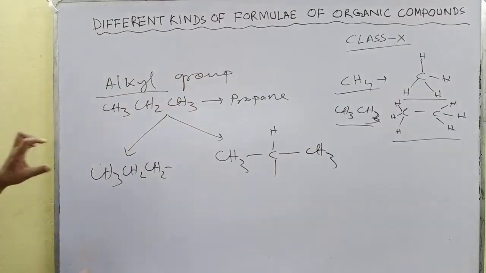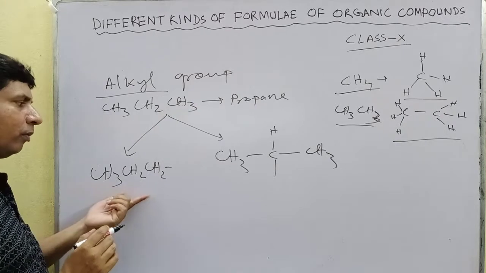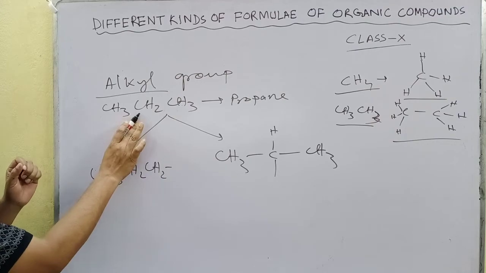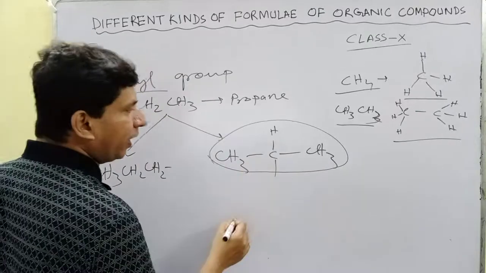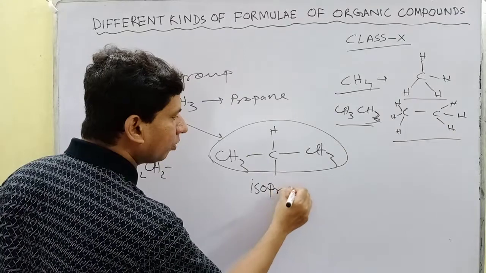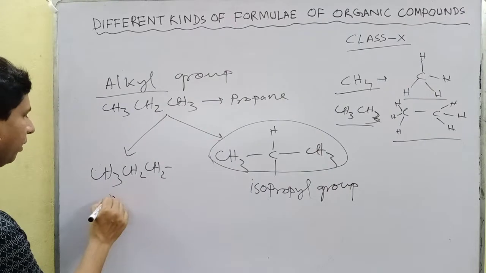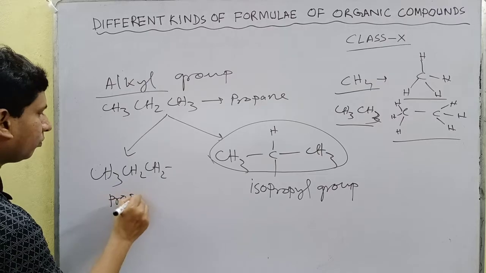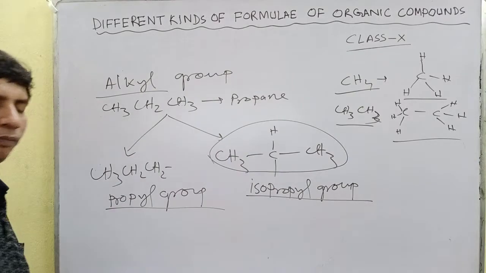I can remove one hydrogen from the end carbon, no problem, we will get this. And if we remove one hydrogen from the middle carbon, then we will get this group, which is known as the isopropyl group. This is propyl and this is isopropyl. Clear?